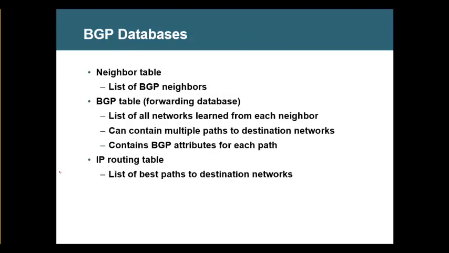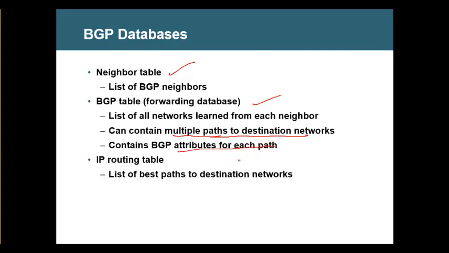We also saw that there are 3 different types of tables in BGP. The neighbor table will have the list of neighbors with whom BGP has established a 3-way connection and formed BGP peering. Next, the BGP table will have the destinations and all possible paths to the destination, multiple paths, along with the attribute attached to each path.